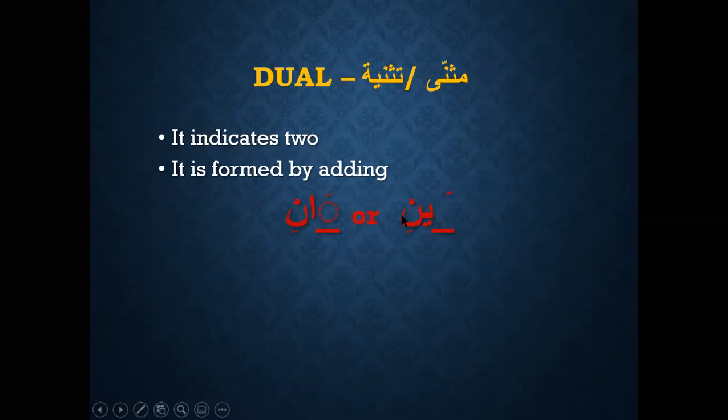One with ani, second is ayni, third is ayni. The letter before this ya sakina would have fatha on that. Baytayni, rajulayni, kitabayni, qalamayni, and likewise qalamani, qalamayni. Three states are like that, but we cover that separately.